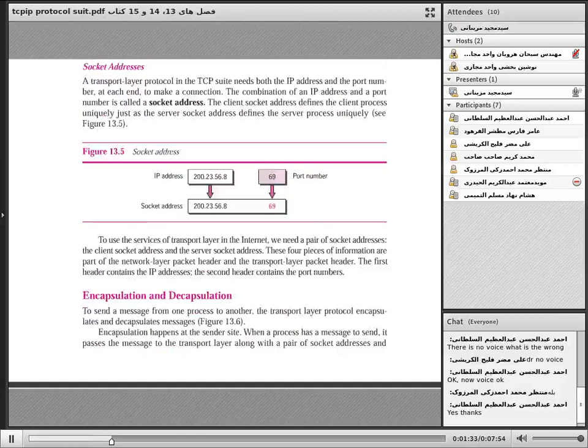I explained for you about encapsulation and decapsulation.